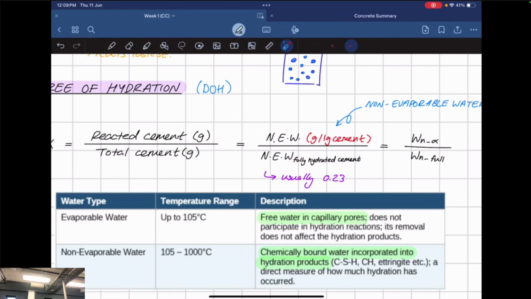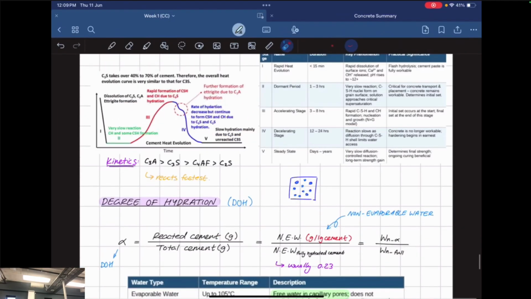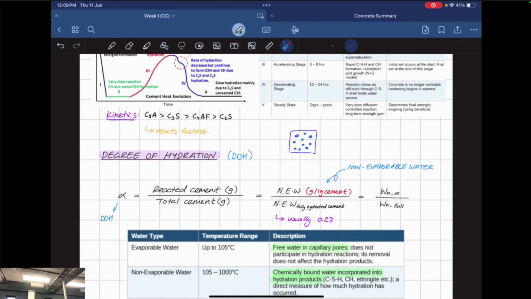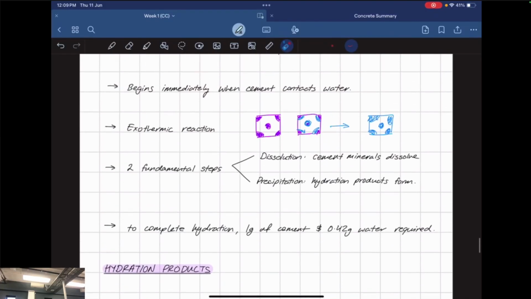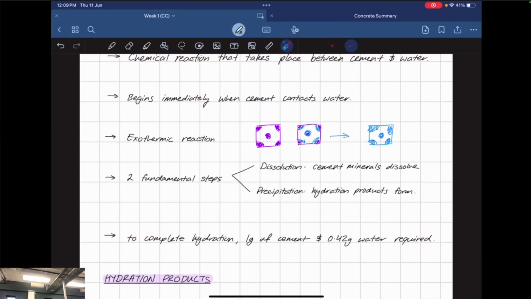You need 1 liter of water per however much cement you have. Say you want to make a dough out of flour and water: to get the perfect dough ratio, you need this much water per amount of flour. It's the same thing. That's the top of the fraction, and the bottom is where the optimal ratio is. To complete hydration, 1 gram of cement needs about 0.42 grams of water.